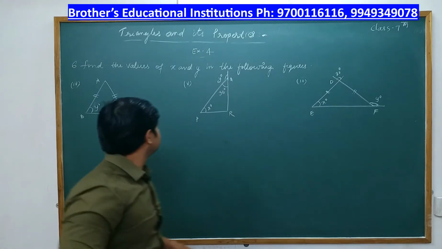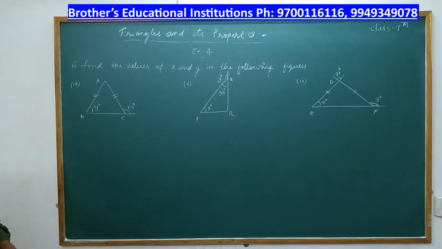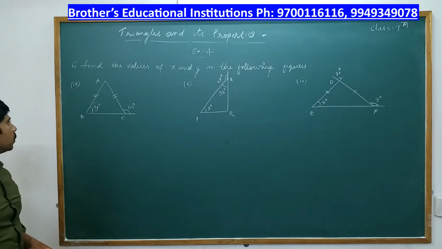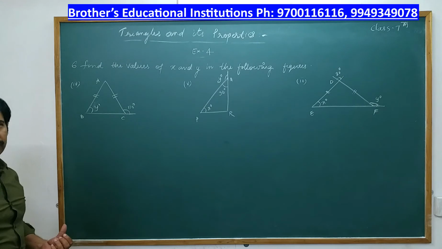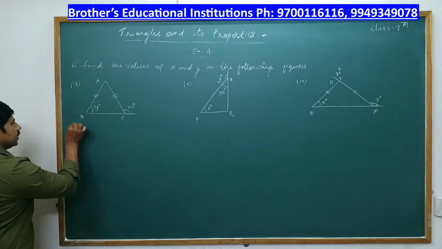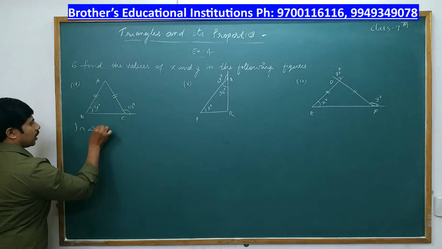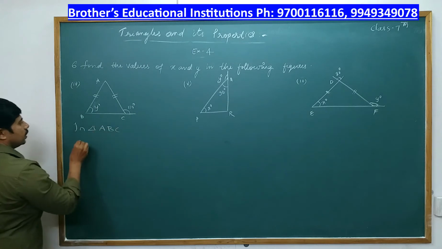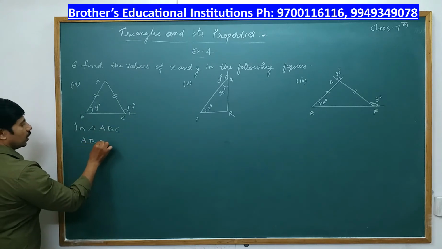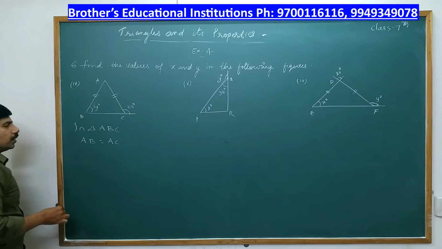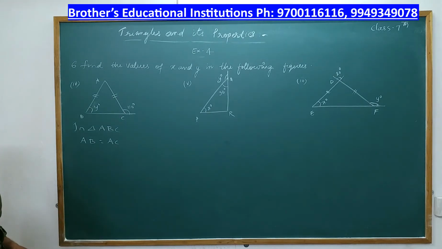Next problem. Find the values of x and y in the following figure. Here we have y to find out. Here AB is equal to AC. So in triangle ABC, AB is equal to AC. In a triangle, if two sides are equal, opposite angles will be equal.